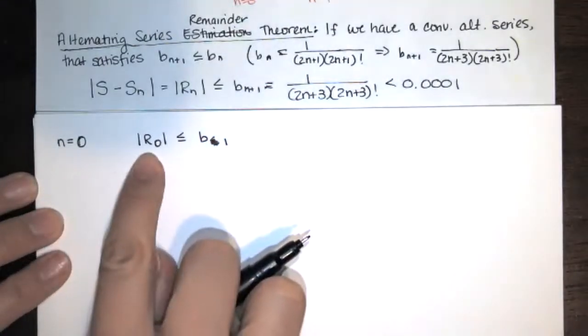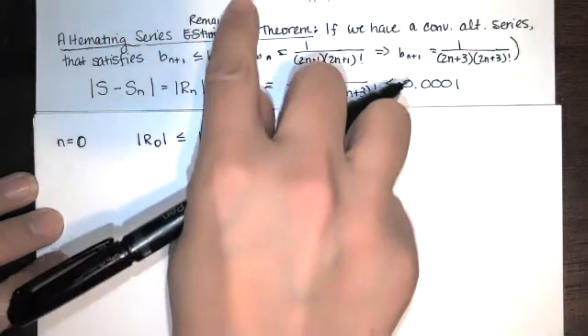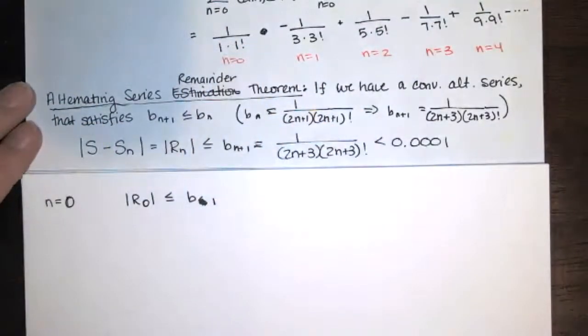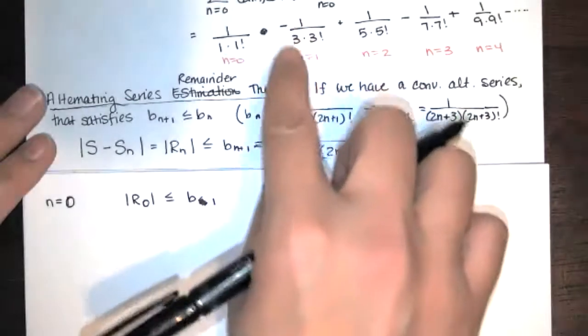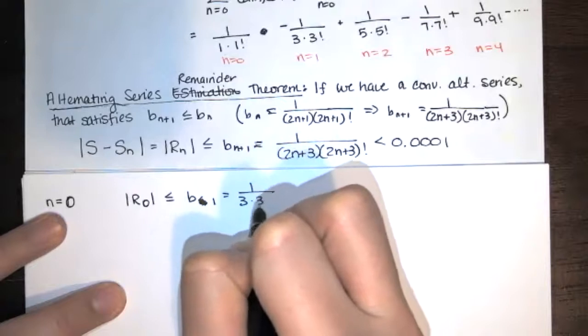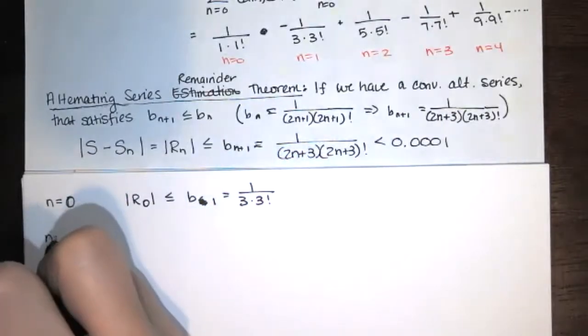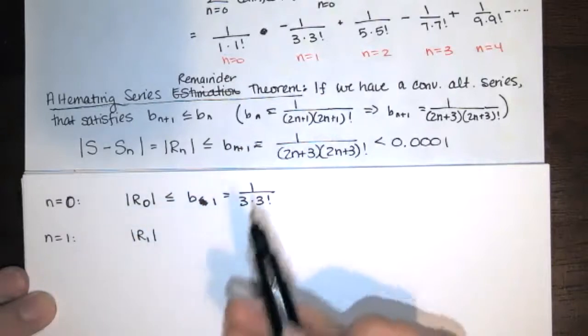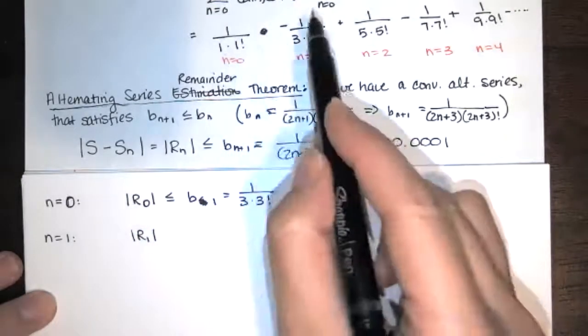So the remainder, when we just use this first term as an approximation of the sum of that series, is going to be less than or equal to the next term. So that's 1 over 3 times 3 factorial. When n is equal to 1, that's giving us this remainder. So that's using this sum, this plus this.